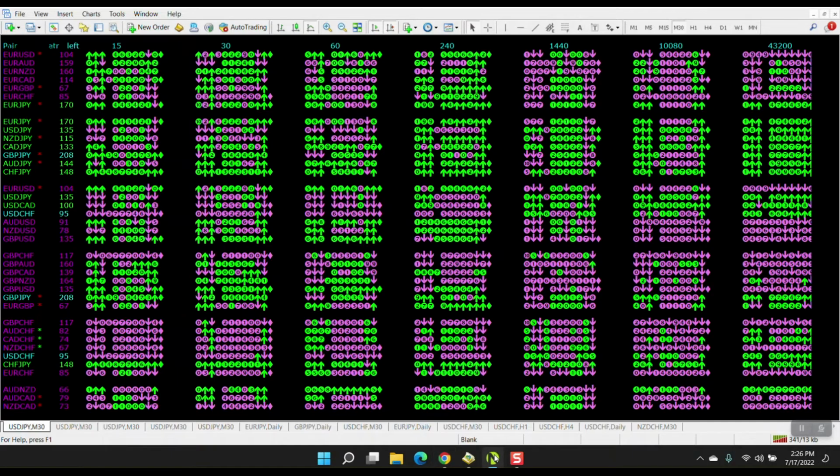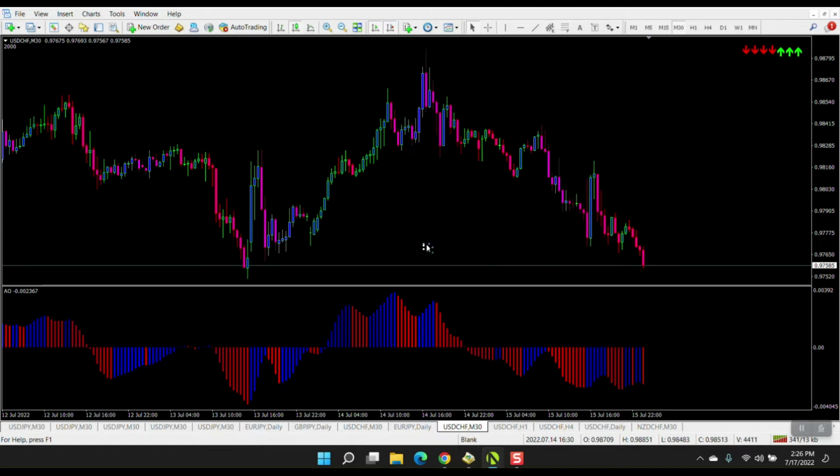All right. So now let's get to the important part. I'm gonna kind of go fast. Awesome oscillator, zero line, 30-minute chart. It crossed above. In theory, you want to buy when it crosses above. Cross below, in theory, you want to sell when it crosses below.